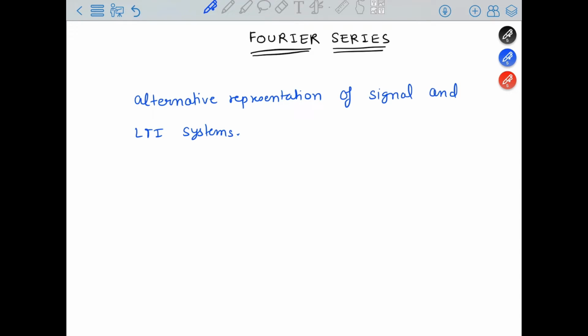So earlier we have used a representation of signal as a linear combination of a set of basic signals. Here we will use complex exponentials as an alternative. Earlier we used the impulse response to represent the signal. Now we will use an alternative representation in the form of complex exponentials.